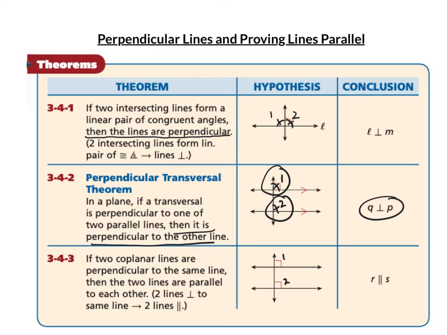And we know that if corresponding angles are congruent, then the lines are parallel. That's the converse theorem. But this, notice the hypothesis, if two coplanar lines are perpendicular to the same line, then, conclusion, the two lines are parallel.